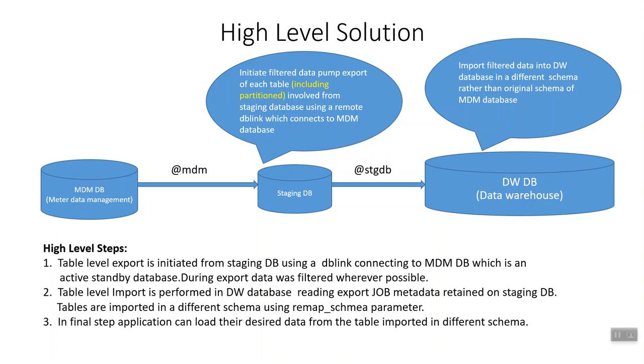It looks very straightforward, right? But it is not that straightforward, because as I mentioned earlier, the reading table is very big, around 3 terabytes. I have to export the subpartition, because the reading table is partitioned and then subpartitioned with some key column.